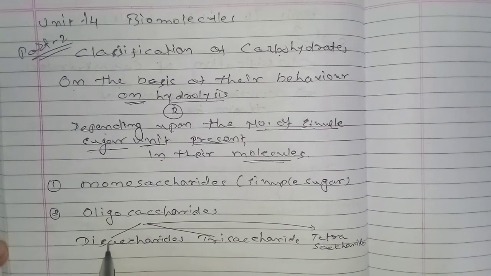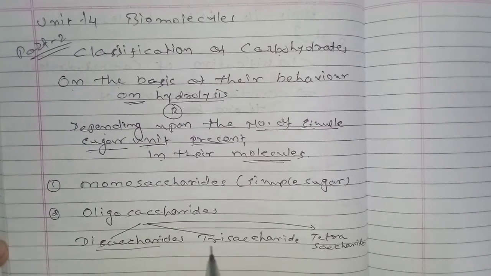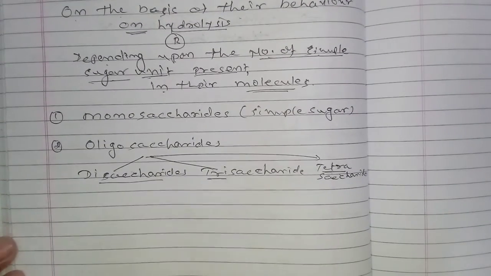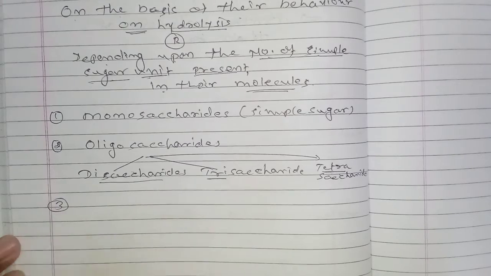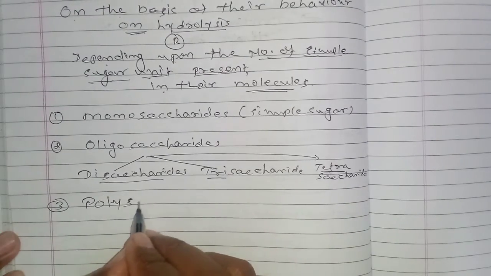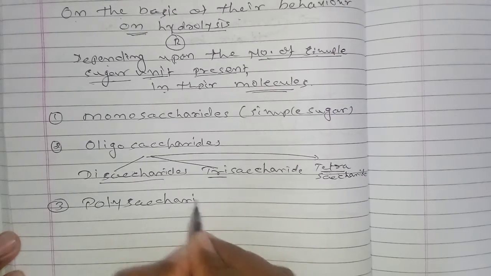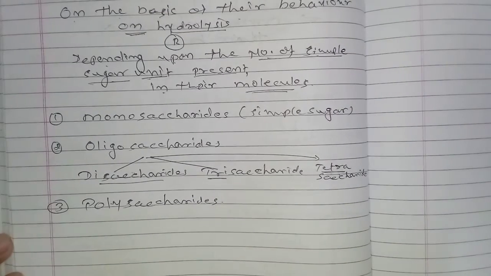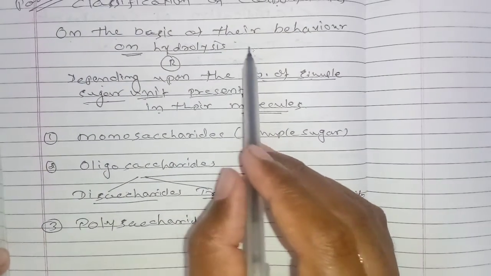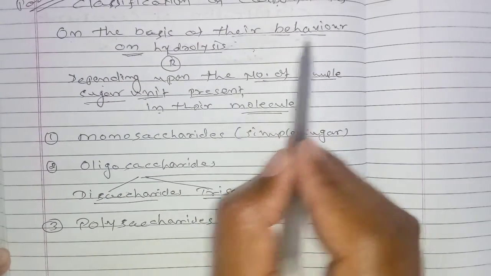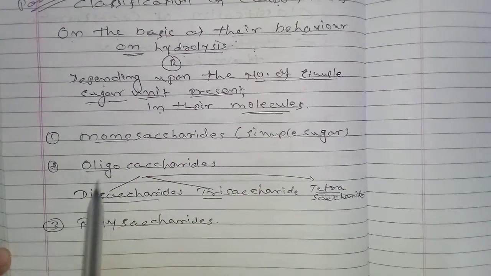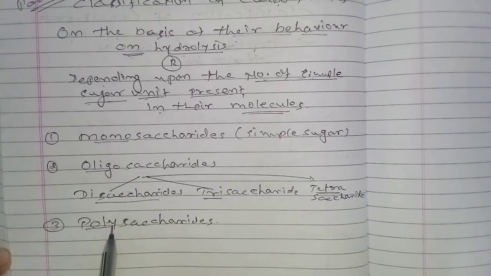Oligosaccharide is further classified into disaccharide, trisaccharide, and tetrasaccharide. And number 3 is polysaccharide. Based on their behavior on hydrolysis: monosaccharide, oligosaccharide, and polysaccharide.